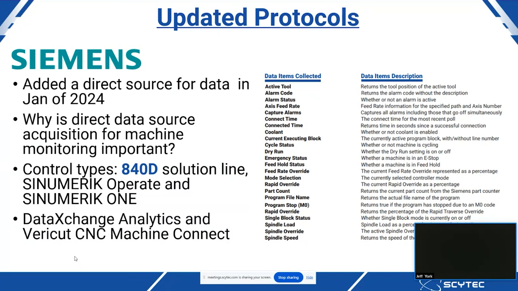So when you pull off information on the active tool, it'll tell you the tool position of the active tool, as well as things like if your coolant is enabled or not. The cycle status, is your machine cycling, rapid overrides, part counts, program stops, spindle loads, spindle overrides, spindle speeds. There's all sorts of information that can be taken off of your machine with these updated protocols that, as I said, goes way further than just is my machine running or not running, which you can find really only on some more rudimentary machine monitoring platforms.